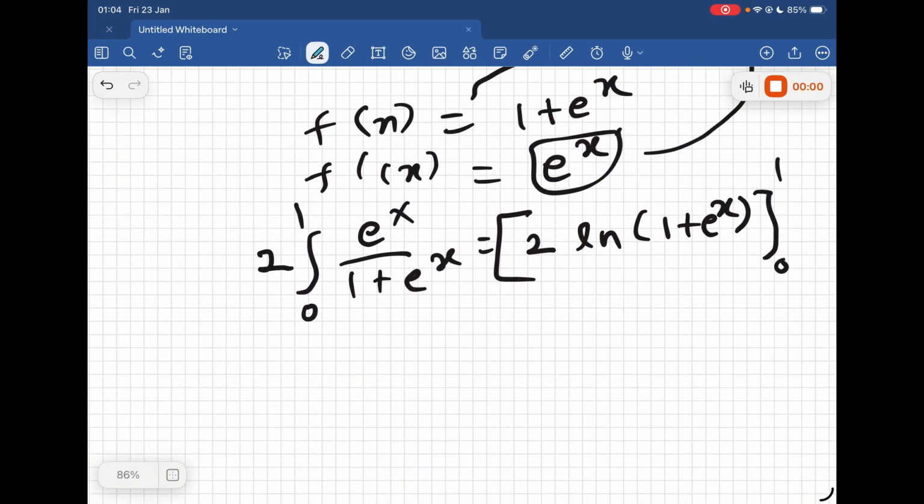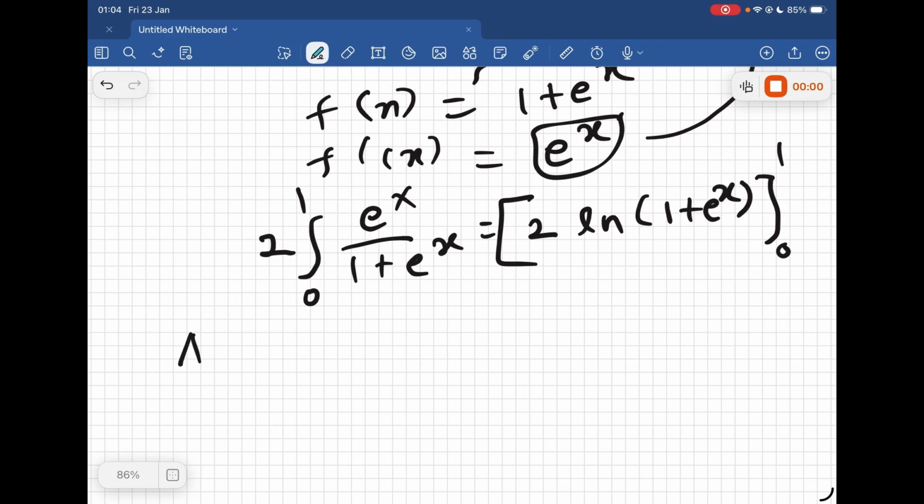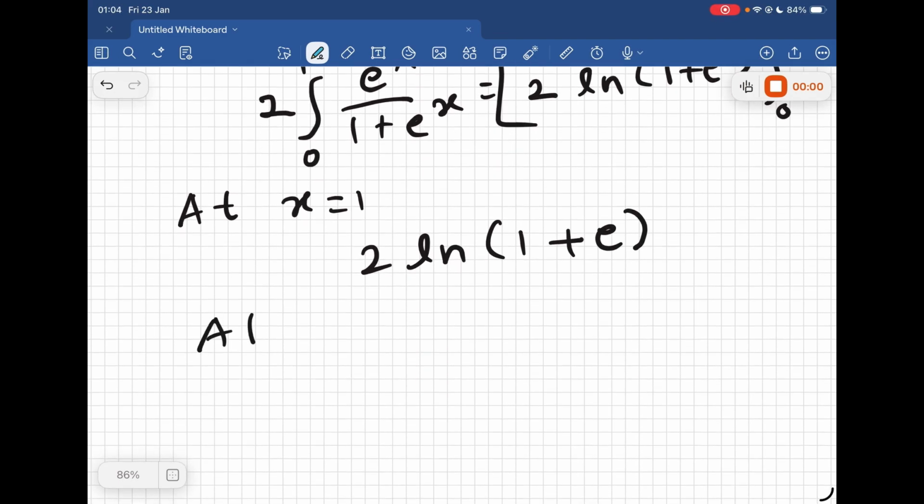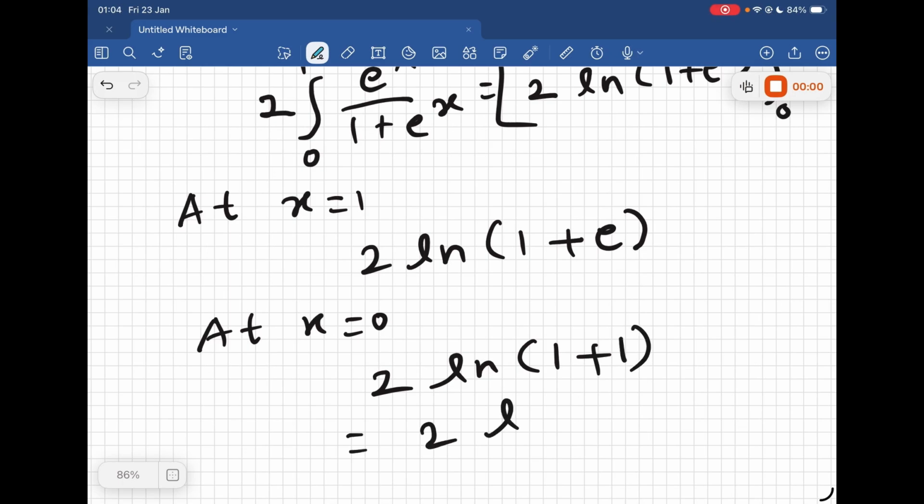Now substitute the limits carefully and it's going to be very simple. At x equals 1, it is 2 ln of 1 plus e to the 1, which is e. At x equals 0, it would be 2 ln of 1 plus e to the 0, which is 1 again, and that would be 2 ln 2.